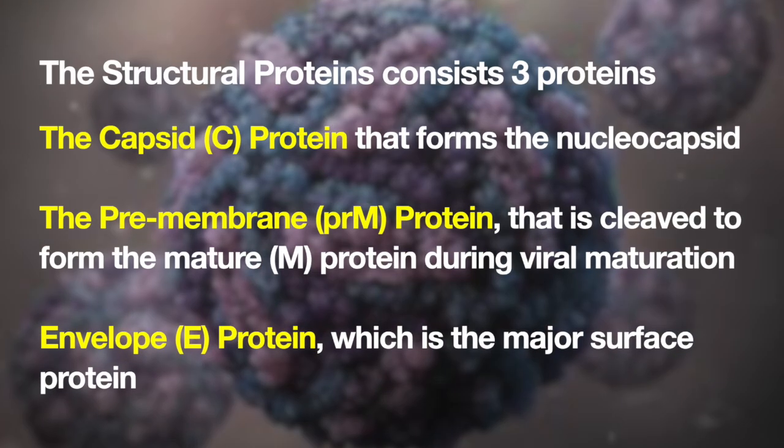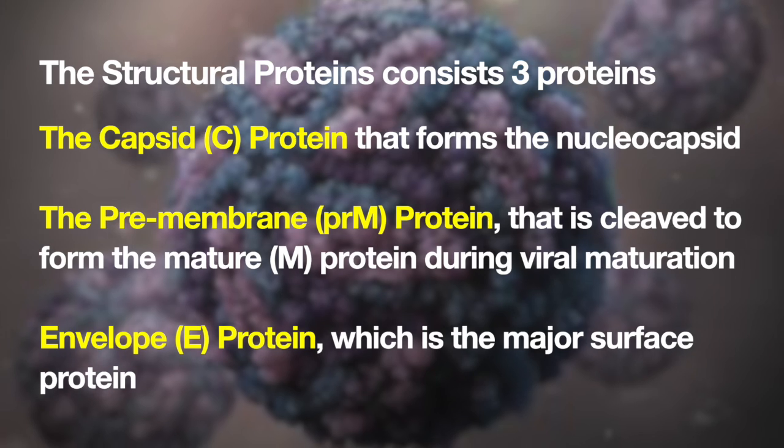The structural proteins consist of three proteins, which are the capsid protein or C protein for brief, that forms the nucleocapsid. Then the premembrane protein or the prM protein, which is cleaved into M protein during viral maturation. And the major surface protein is the envelope or E protein.